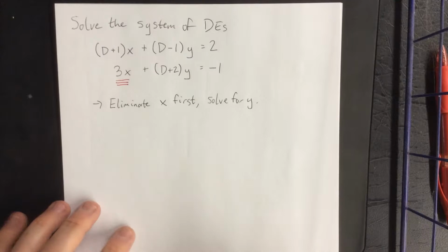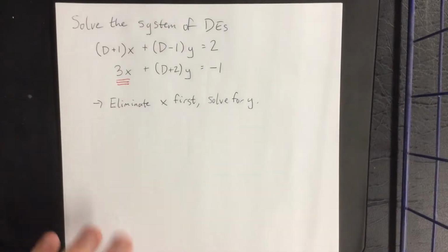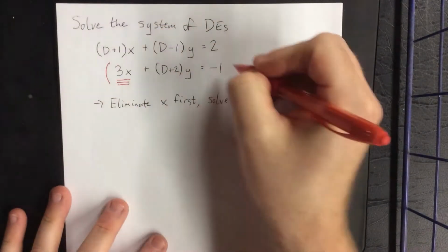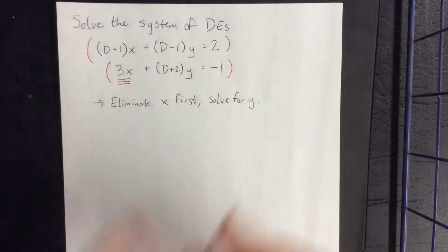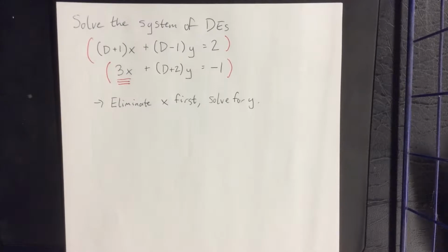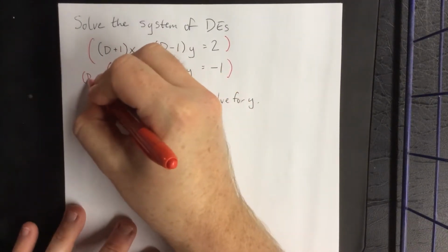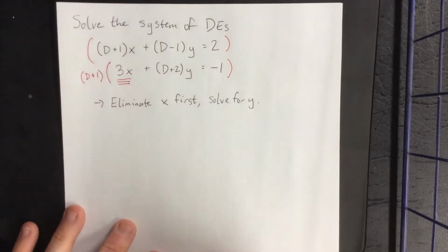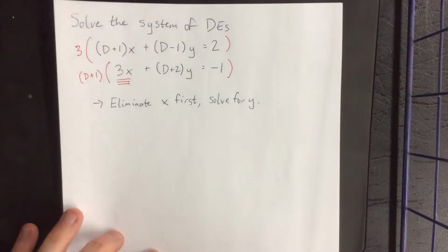Now, one of the keys to elimination, if we are going to eliminate x first, is we need to make sure that the coefficients of x are the same, but with opposite signs. So what we're going to do is multiply both sides of the equation by the appropriate polynomial differential operator. For the second equation, I see that we will need a d plus 1 associated with this. And for the first equation, we'll need a 3 associated with this.